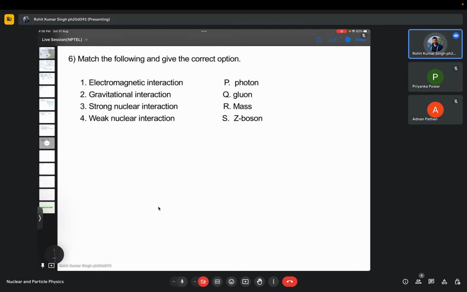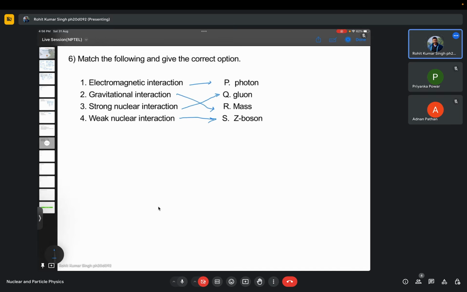Electromagnetic interaction goes to photon. Strong nuclear interaction, gluon. I mean, this is just trivial, right? Weak nuclear interaction, W boson. Gravitational interaction, mass.